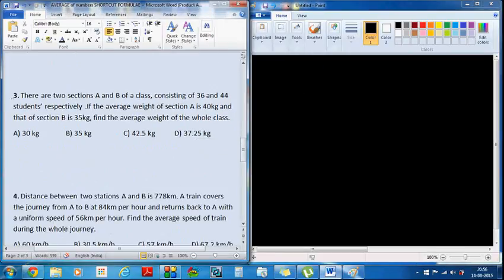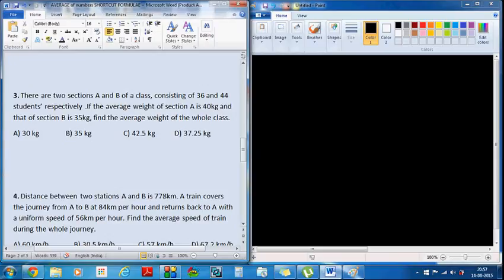Then question number 3. There are two sections A and B of a class consisting of 36 and 44 students respectively. It means class A consists of 36 students and class B consists of 44 students.